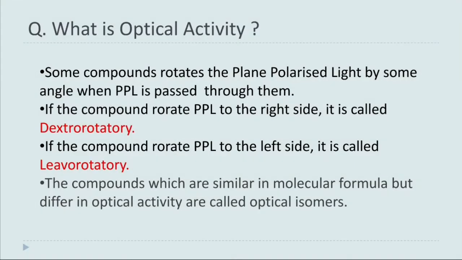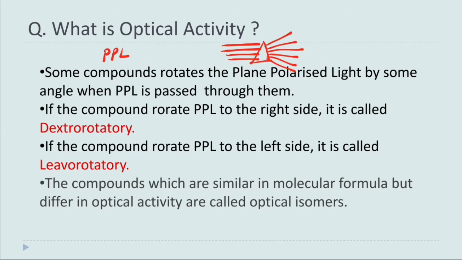Okay, so first of all let me tell you what optical activity is. Suppose we have a plane polarized light. What is plane polarized light? Whenever you pass white light through a Nicol prism, the light is separated into 7 colors depending on their frequencies or wavelengths.